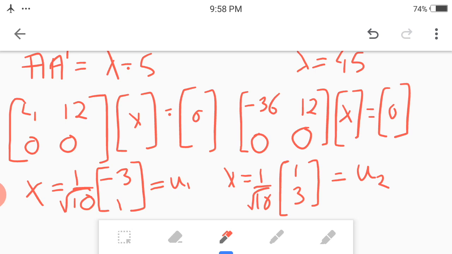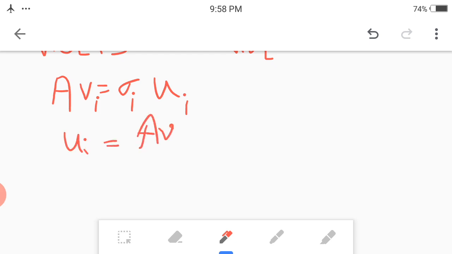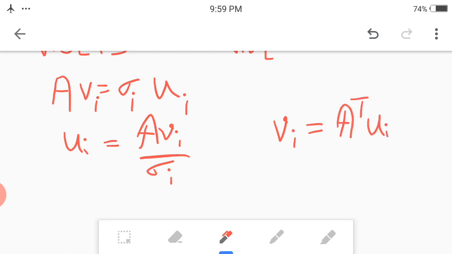The other method, let me just show you. We already know the formula. AV is sigma u. So individual vectors we will take. So your ui is A vi by sigma i. And similarly, if you want to find vi, you can find vi using this formula.